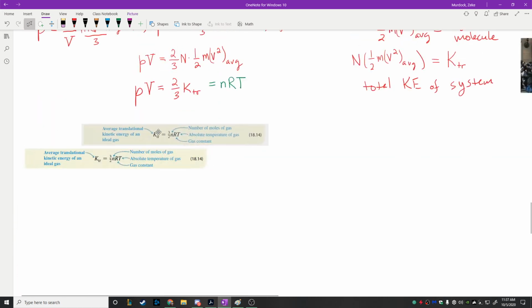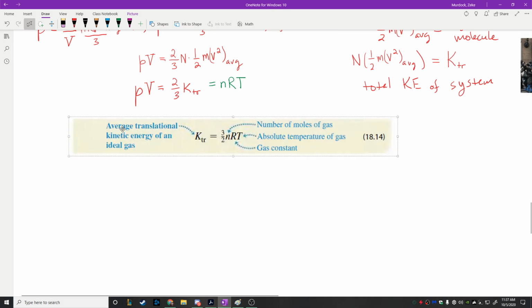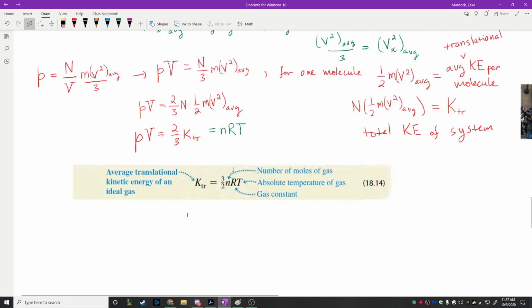So what does this equation say? Make this a little bit bigger. The average translational kinetic energy of an ideal gas. So they still use the word average. Maybe I was wrong. That's what you guys said too, right? Maybe I said it wrong. Let's think about this. A single molecule has this energy, right? The average kinetic energy per molecule is this.